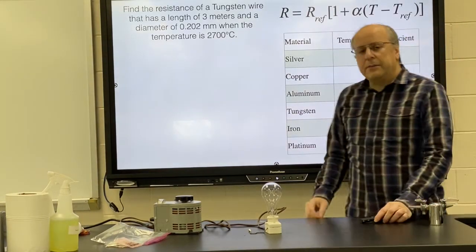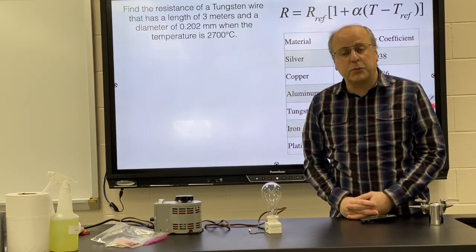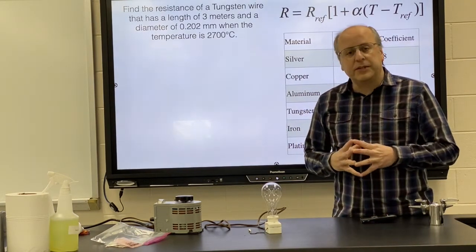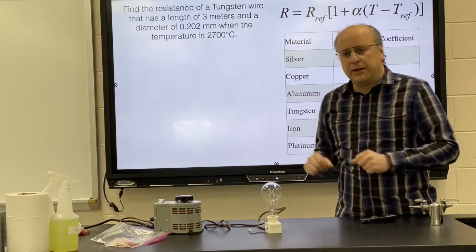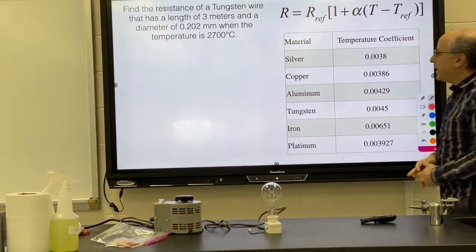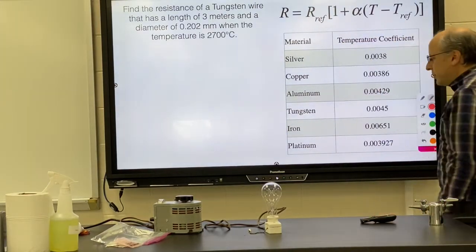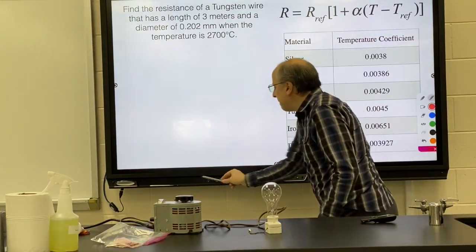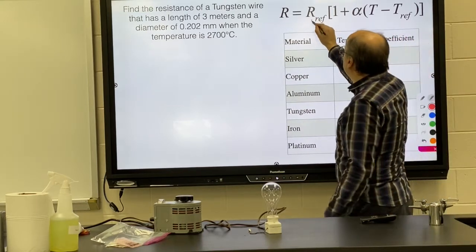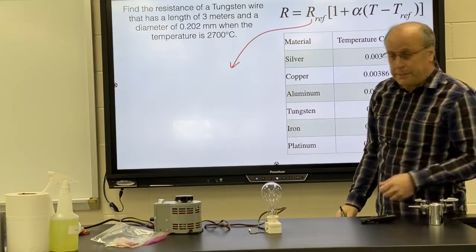Okay, let me show you how to mathematically find resistance for materials where the change in resistance is kind of linear. Scientists developed this nice handy-dandy formula to get an approximate resistance at different temperatures. So here's how it's going to work out. You find the resistance at a reference temperature, usually room temperature.